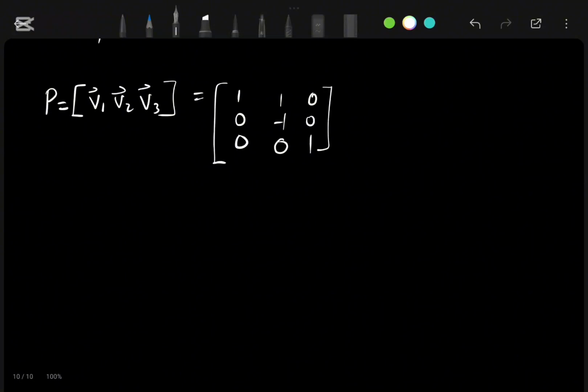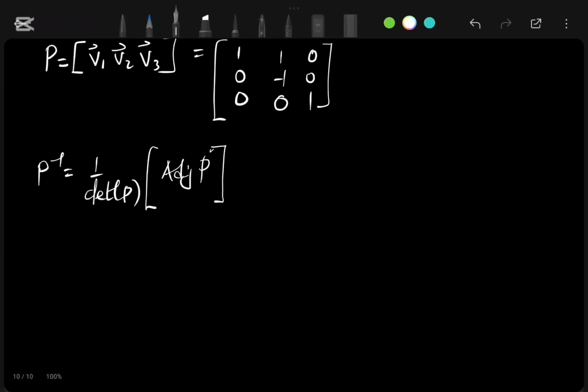Now we will find our P inverse by taking the inverse of the determinant of P multiplied by the adjoint of P. And we already know how to find the adjoint of P. To find the adjoint of P, it is given by writing all the elements of P: 1, 0, 0, 1, minus 1, 0, 0, 0, 1.